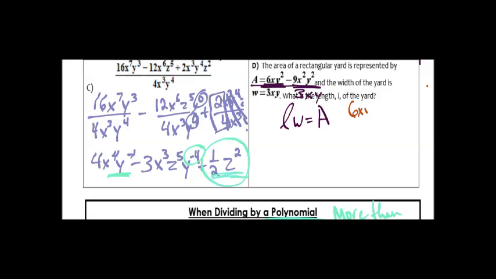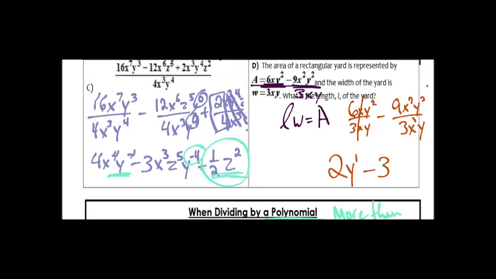So 6xy squared divided by 3xy minus 9x squared y squared divided by 3xy. Divide the coefficients. And you subtract exponents. These completely cancel out. This leaves me with just 1y. And then 9 divided by 3 is 3.